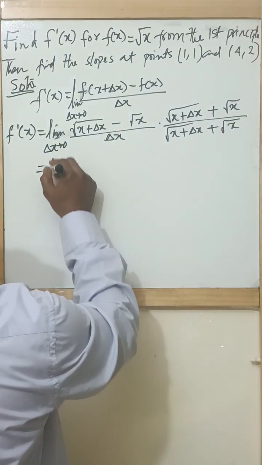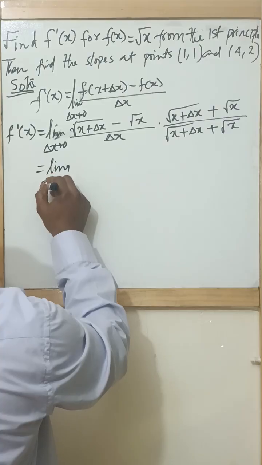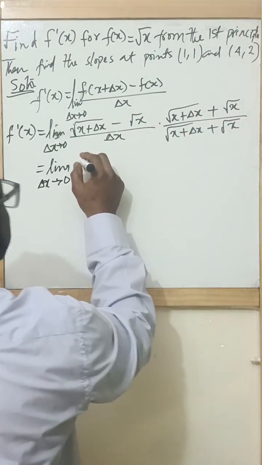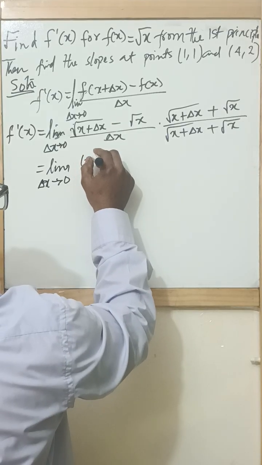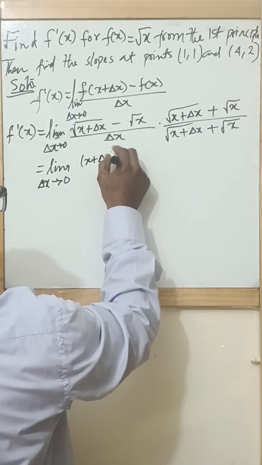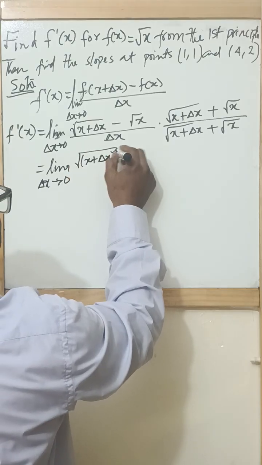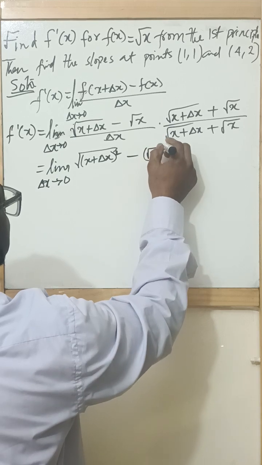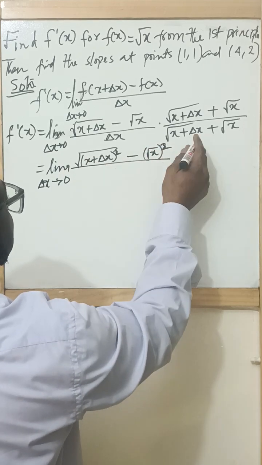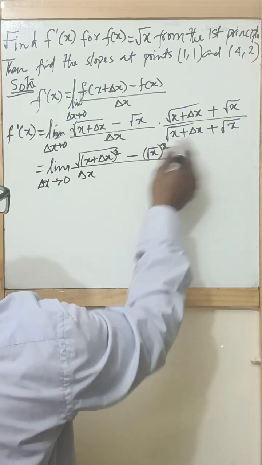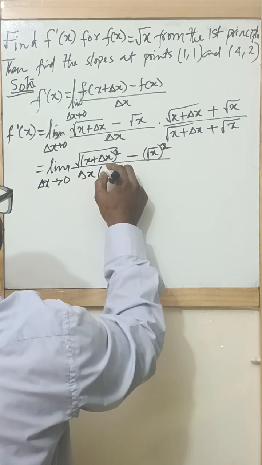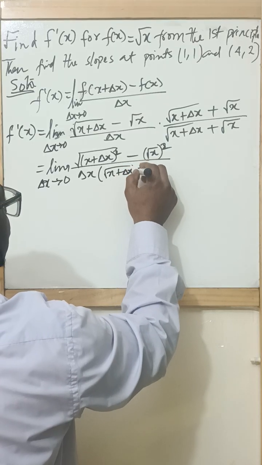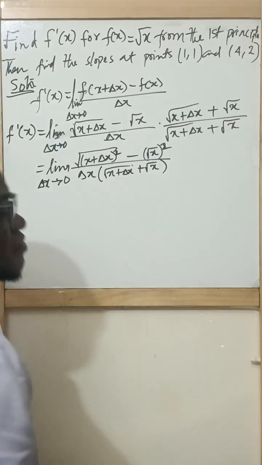Okay, so the limit as delta x tends to 0 becomes, when this multiplies this, x plus delta x squared, difference of two squares, minus square root of x squared. Then the denominator is delta x multiplying square root of x plus delta x plus square root of x.